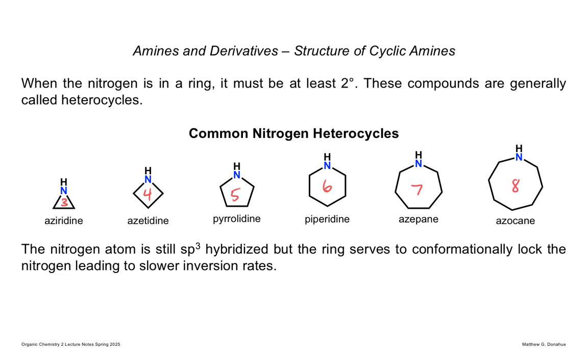We'll look at other nitrogen containing heterocycles that are aromatic. So these are non-aromatic. Like in DNA, you have the nitrogen bases, nucleotides. Those are aromatic heterocycles that form the rungs of the DNA ladder through hydrogen bonding. But nothing that I can think of uses saturated carbon nitrogen heterocycles.